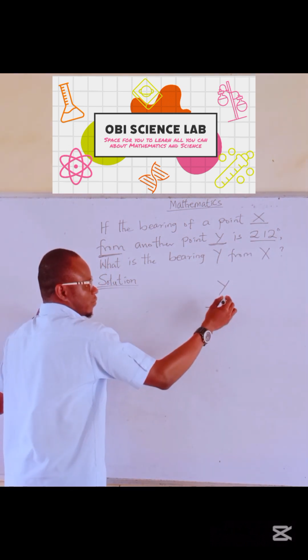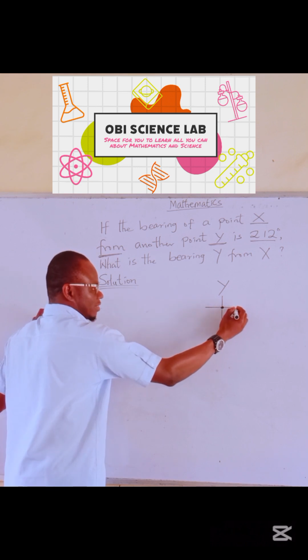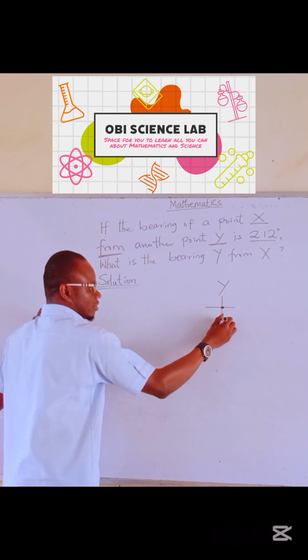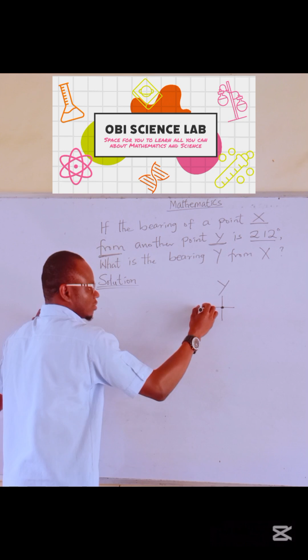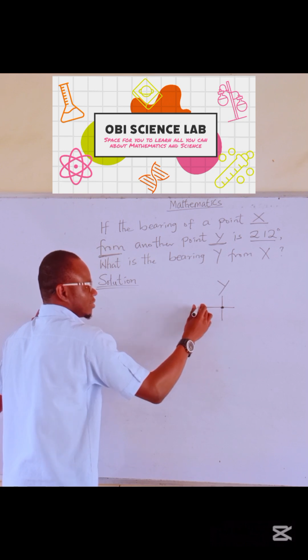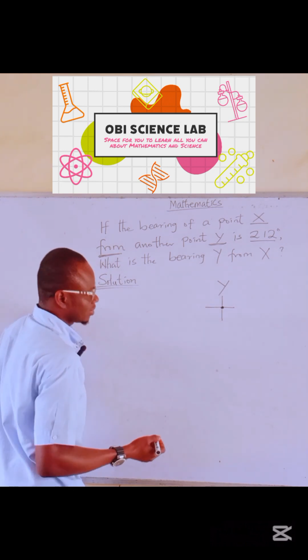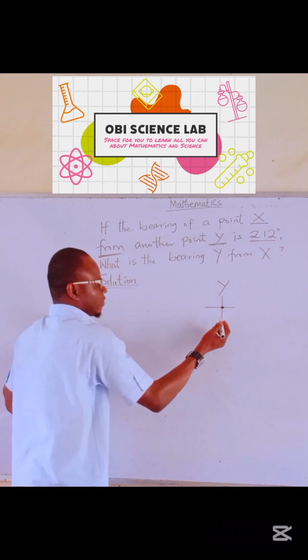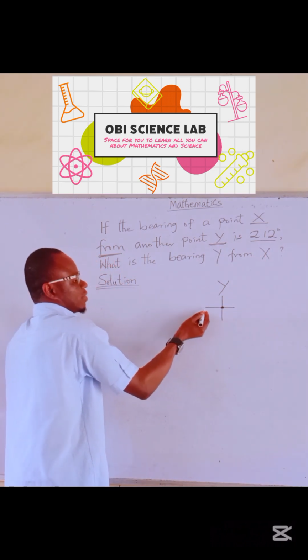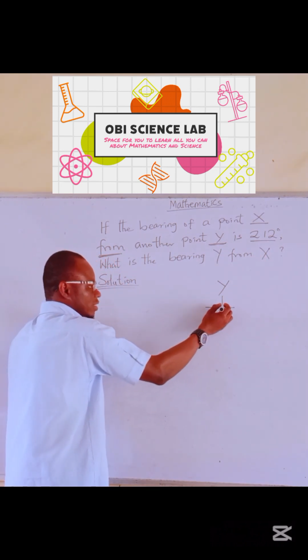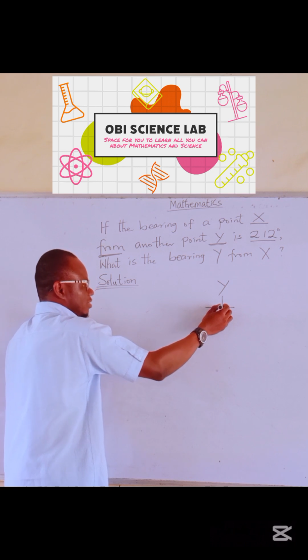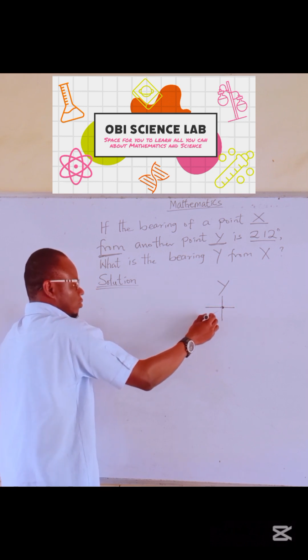Of course we know the first quadrant measures up to 90, the second quadrant is 180, while the third measures up to 270 degrees. This is 212. 212 is more than 180, but it's less than 270. So the direction of the movement that proceeded to x is through the third quadrant.